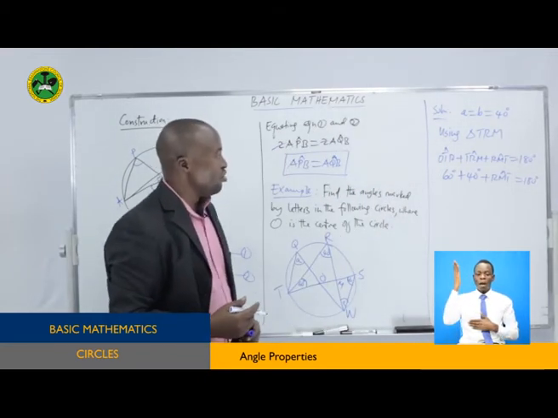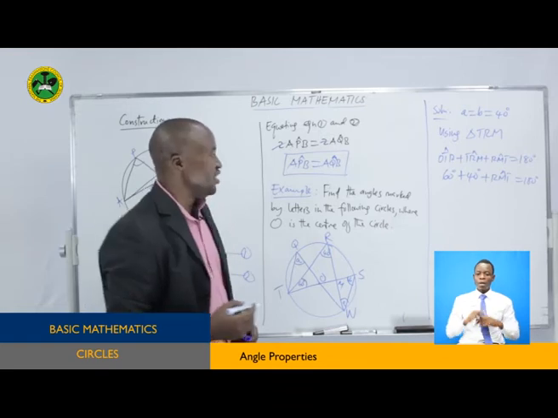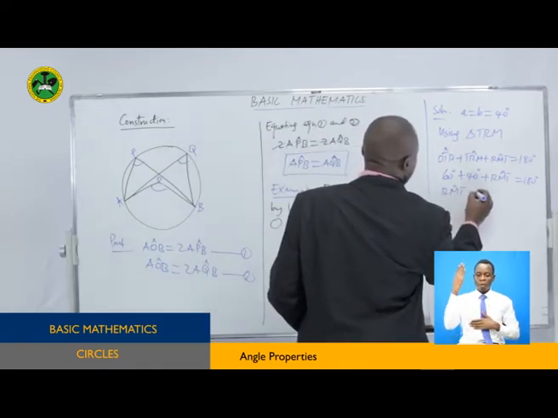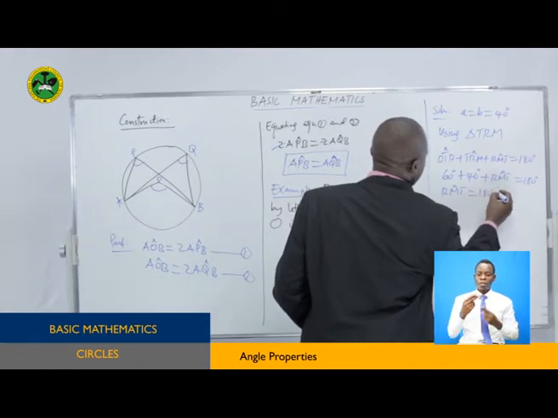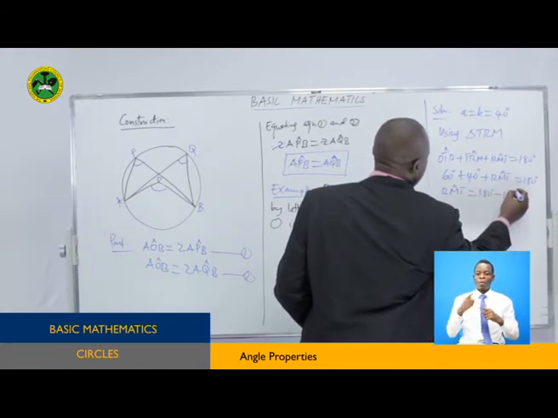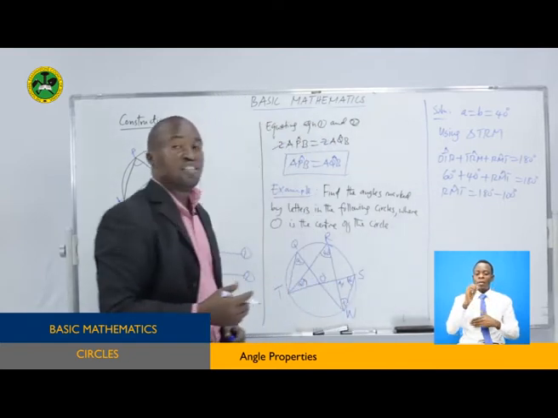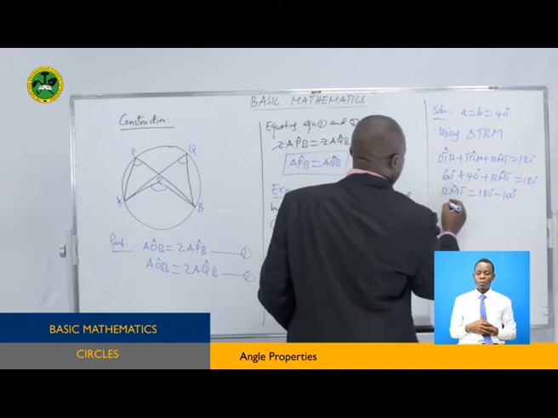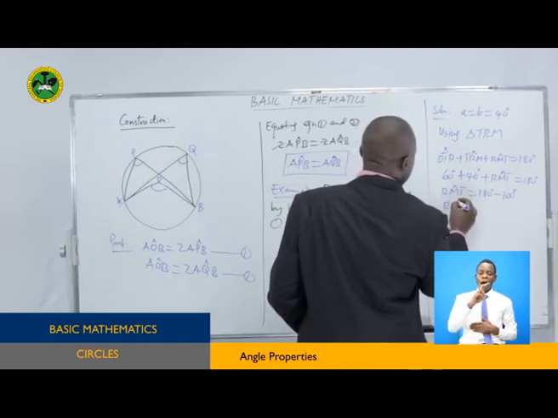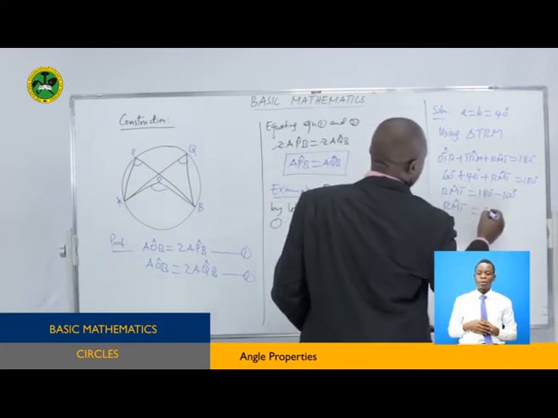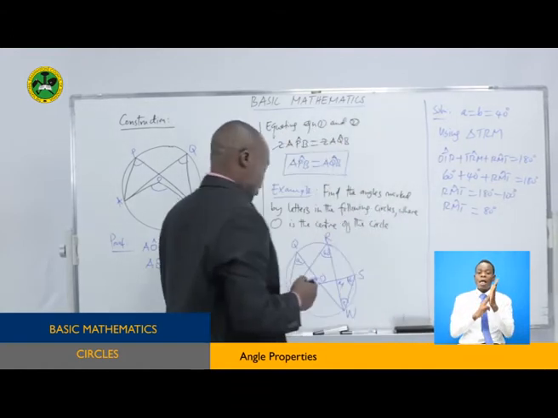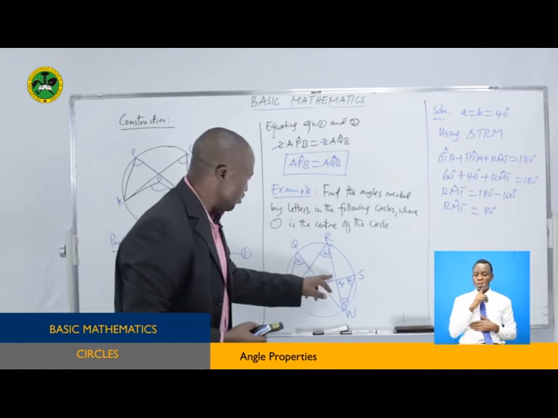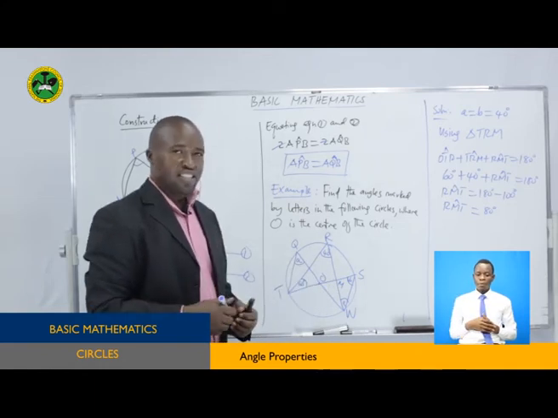So now we are going to find angle RMT. So RMT in this case is equal to 180 degrees minus 100 degrees, that is the same as 60 degrees plus 40 degrees. So RMT is equal to 80 degrees. So in this case, dear student, angle RMT, which is this one, is equal to 80 degrees.